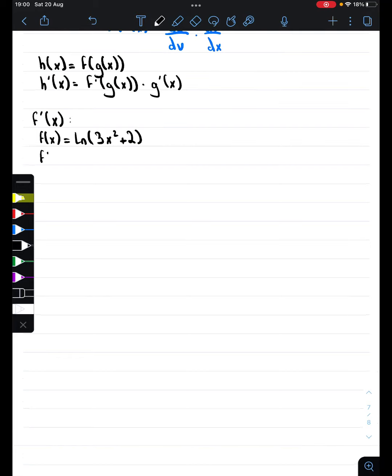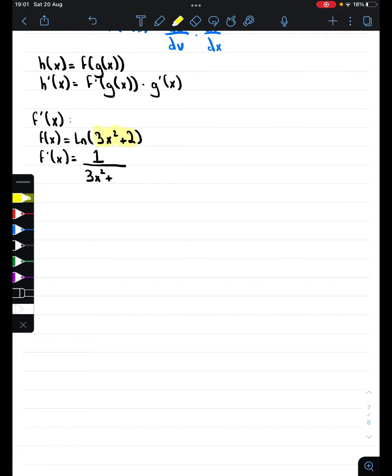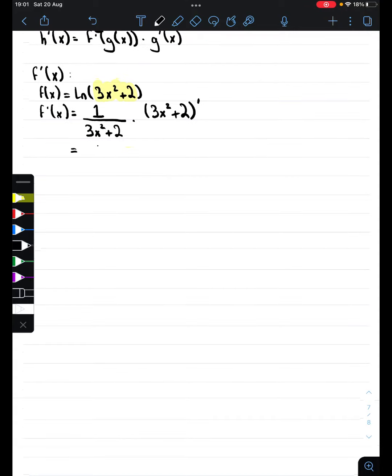The derivative of f is the derivative of the natural log, which is 1 over whatever is in here, 1 over 3x squared plus 2, multiplied by the derivative of whatever is in here, the derivative of 3x squared plus 2, which is 6x.